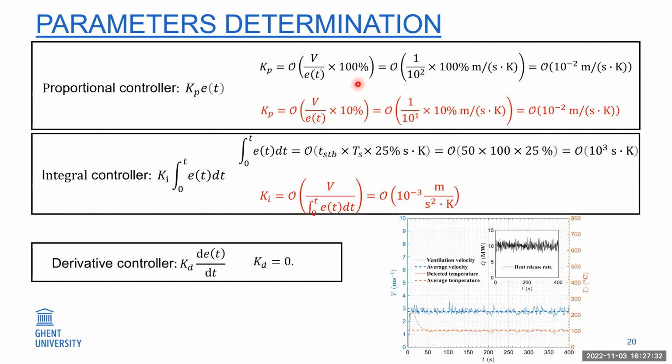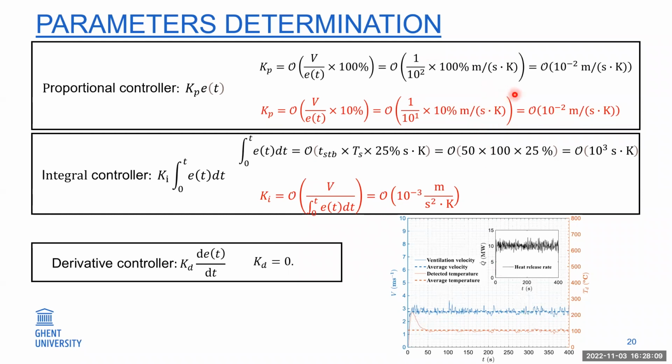In the uncontrolled stage, KP should be in the order of ventilation velocity over the error function, because the ventilation velocity is in the order of 1, and the error function is in the order of 10 squared, because you can see in this curve the maximum detected temperature is close to 200.